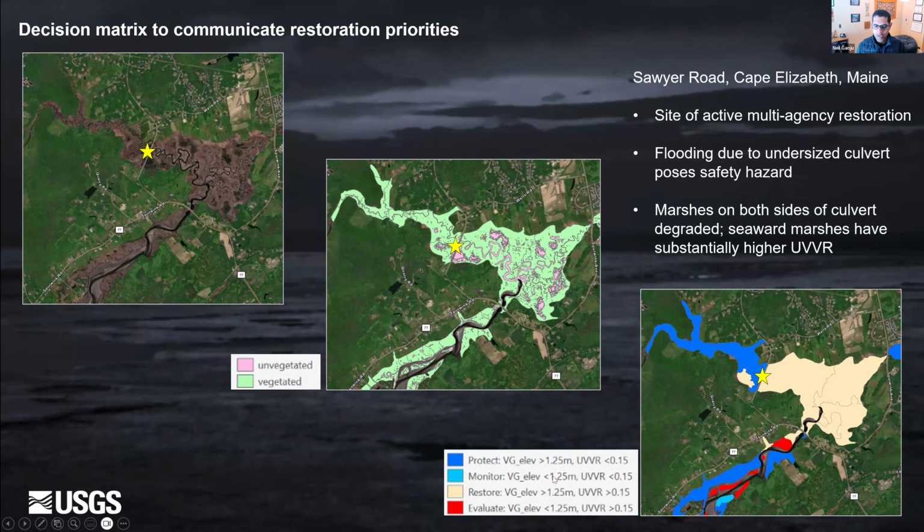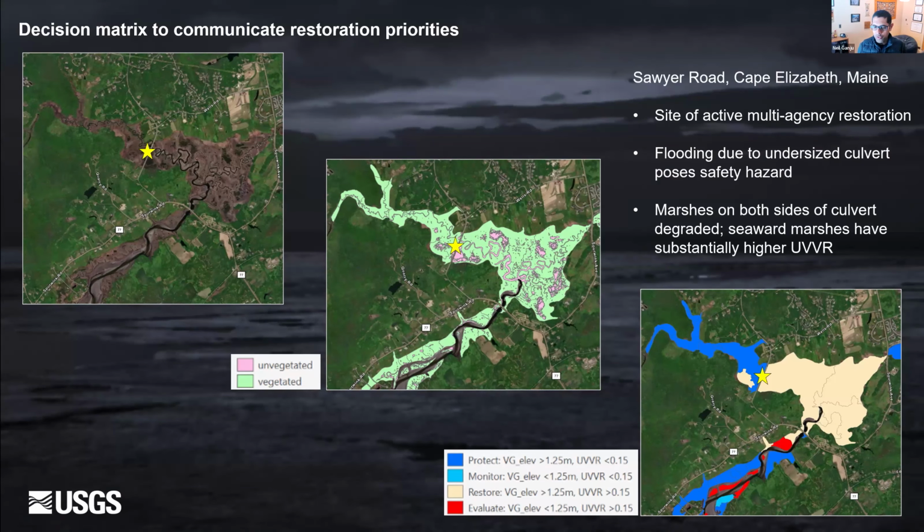You can throw them in the decision matrix, pick some thresholds for elevation and UVVR, and all of that interior pops up as restore because it's high in elevation, but it's got significant open water ponding and a very high UVVR. So it's a great opportunity to regain some ecosystem services by modifying this culvert, improving tidal flow, improving tidal range, improving drainage, and potentially revegetating a lot of those areas.